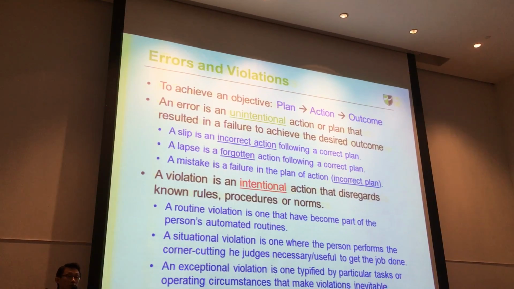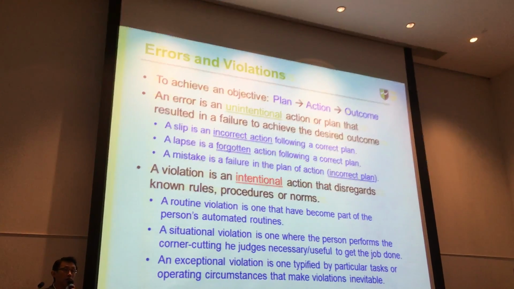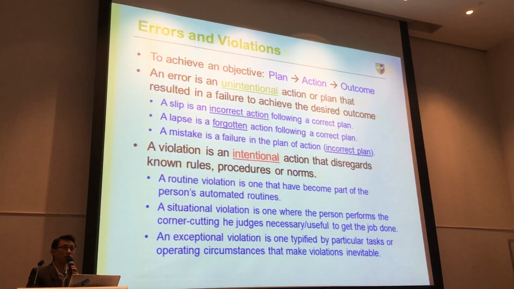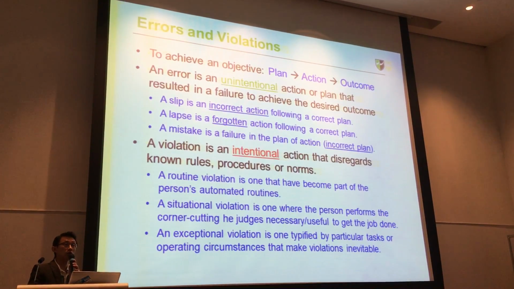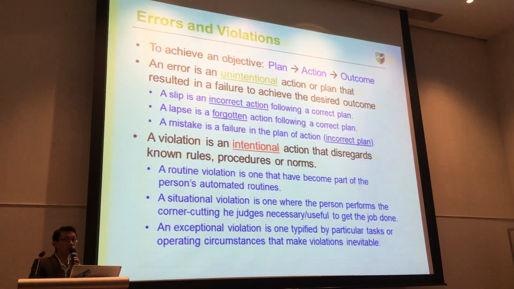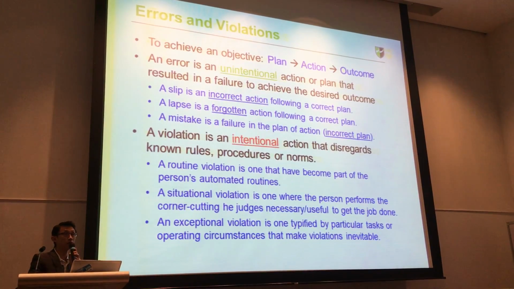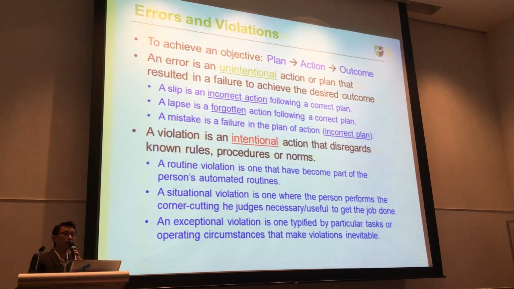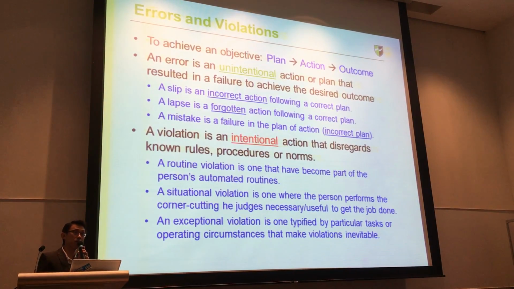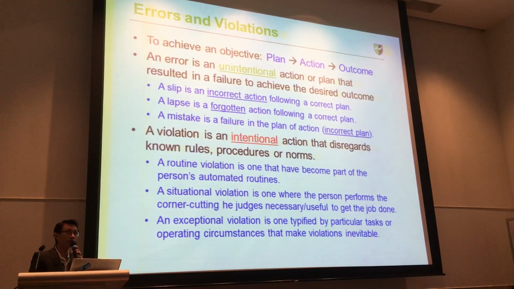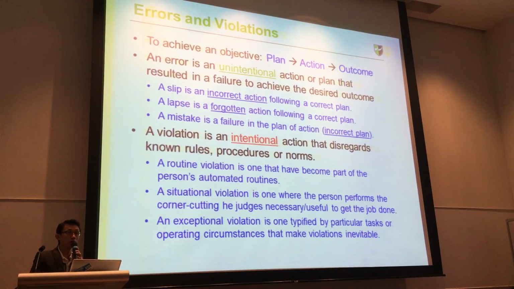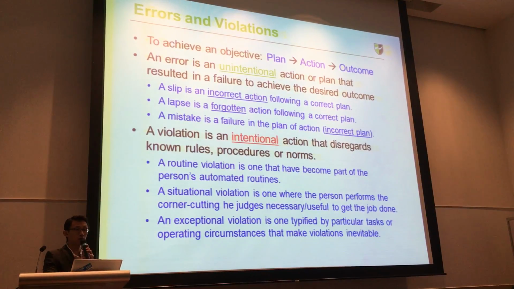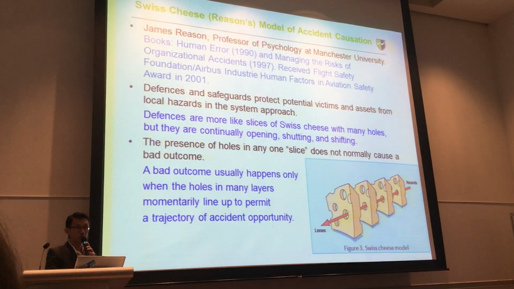A mistake is a failure in the plan of action, which means you do not have the right plan to begin with. It's not that you don't want to; maybe because of your experience or knowledge level, you pick the wrong plan to follow, and then an accident or incident happens. That is a mistake. So know the difference amongst all the terms on this page.